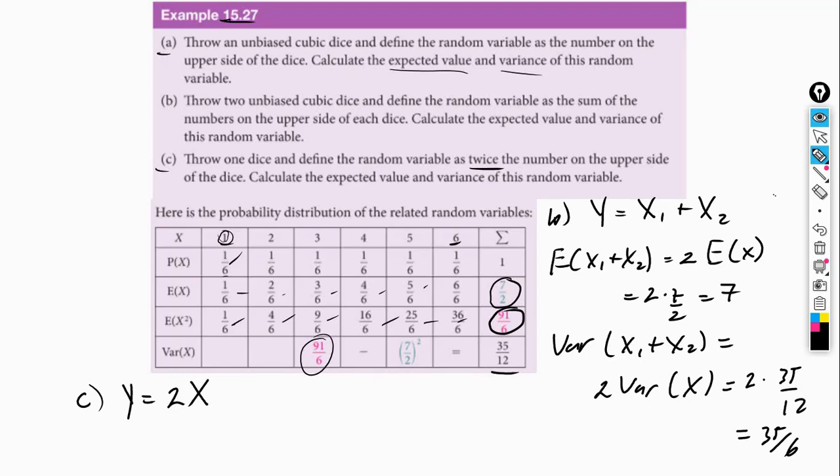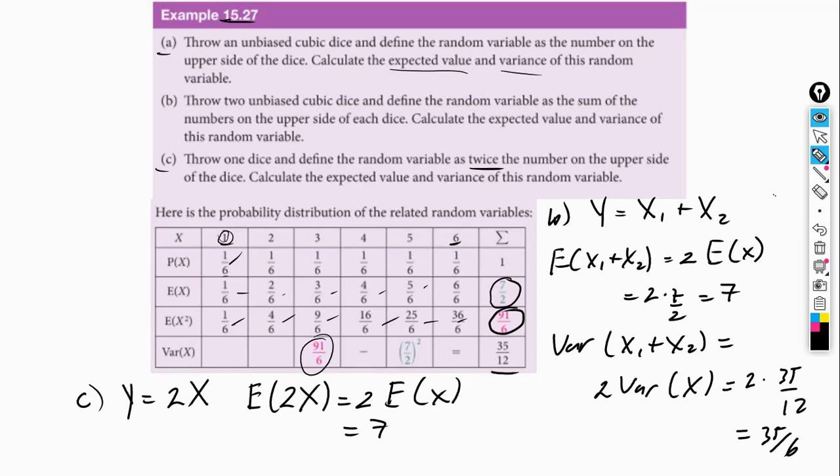And this is not an independent observation, but that doesn't affect finding the expected value. That would just be that the expected value of 2 times x is 2 times the expected value of x. In other words, we would get 7 again for this expected value.